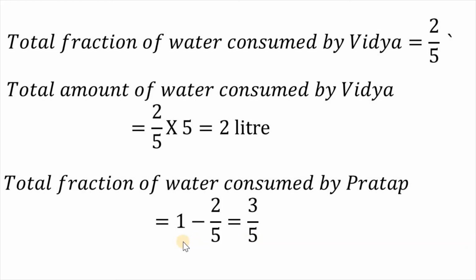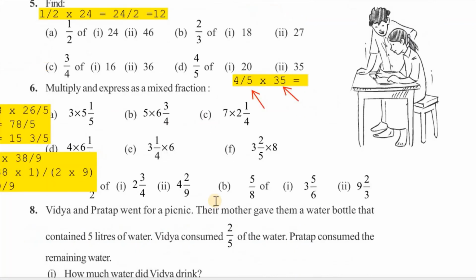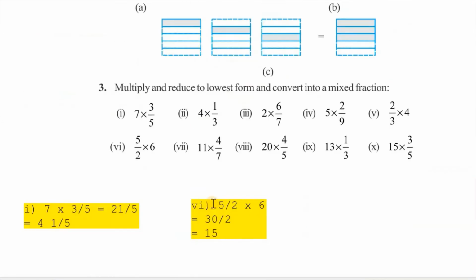This is assuming that the total water is emptied by both of them together. So Pratap drinks 3/5 of the total water. Since they have given us that Pratap consumed the remaining water, we can say that the fraction of water that Pratap drank is 3/5. Okay students, this is the end of the section exercise 2.2.